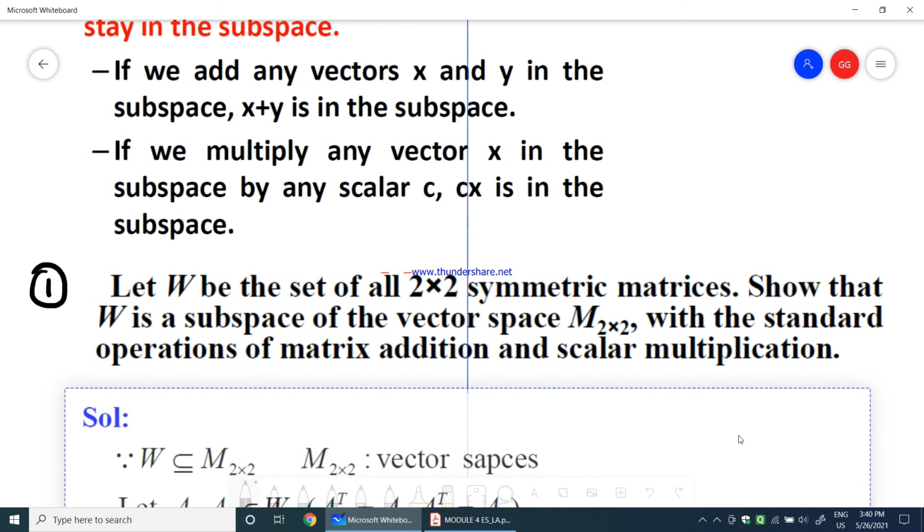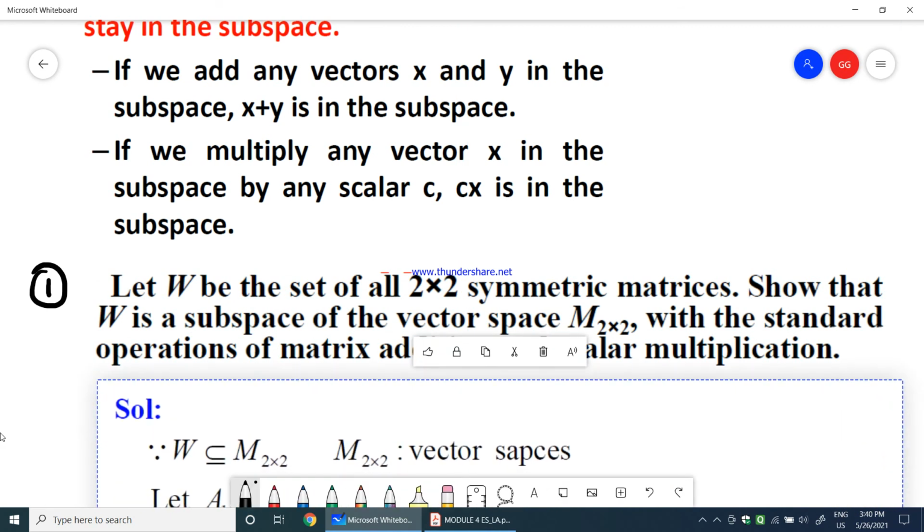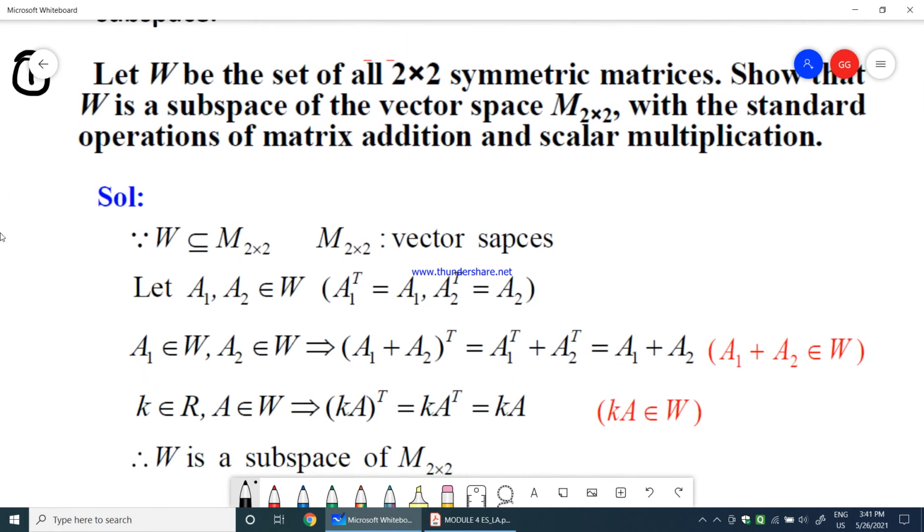Let me consider W, which is a subspace of the vector space M2x2. Now M2x2 is a vector space.